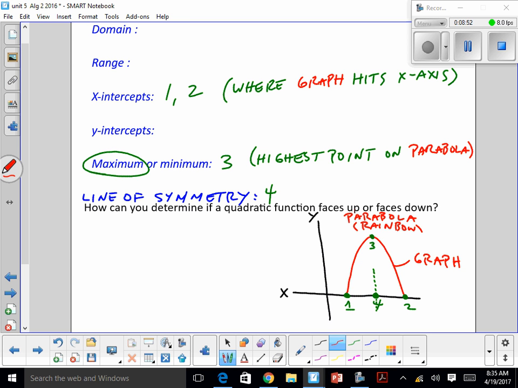So let's see, line of symmetry, line, or I'm going to put point that evenly divides a parabola.